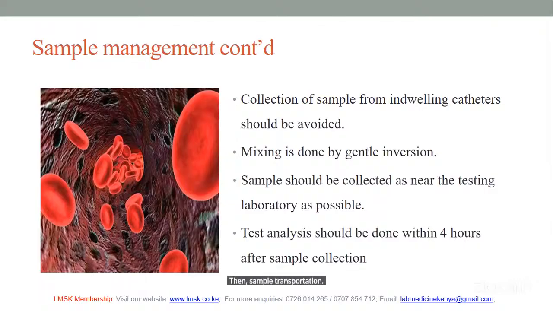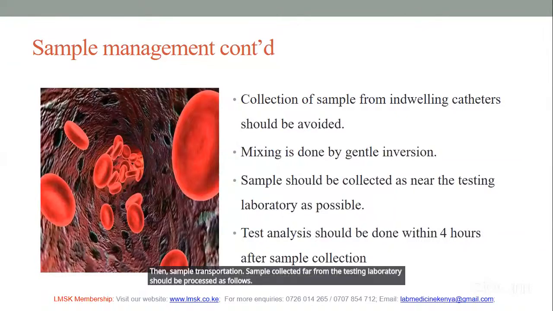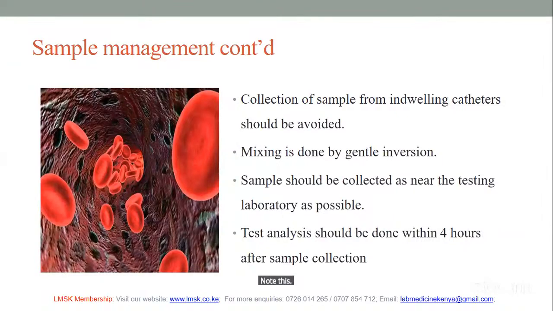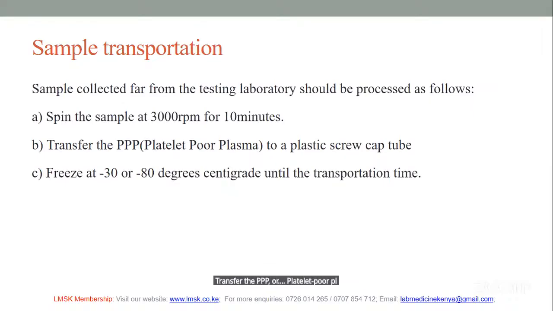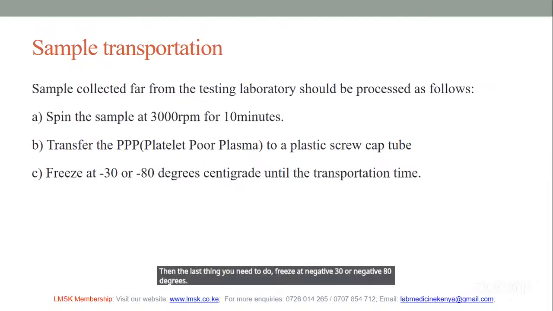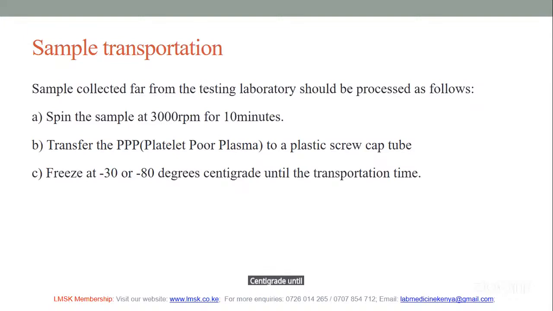Samples collected far from the testing laboratory should be processed as follows. Note this: spin the sample at 3000 RPM for 10 minutes. Transfer the PPP, or platelet poor plasma, to a plastic screw cap tube. Then the last thing you need to do is freeze at -30 or -80 degrees centigrade until the transportation time.